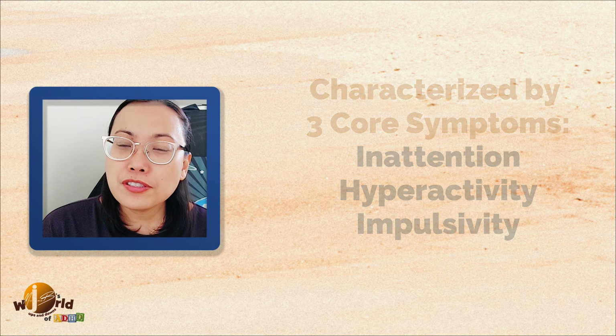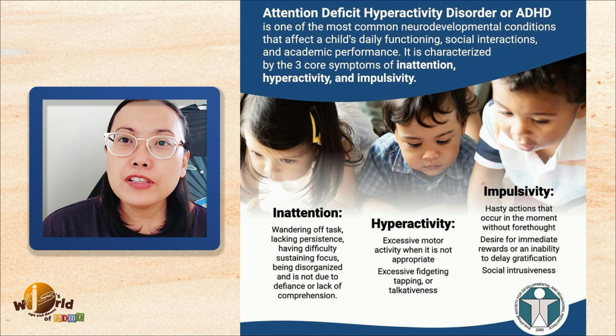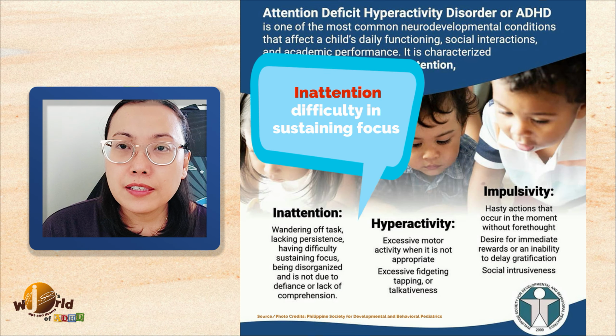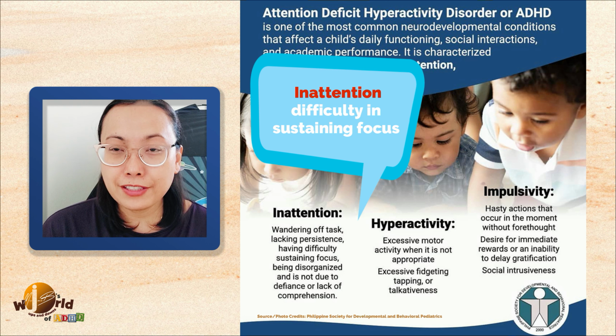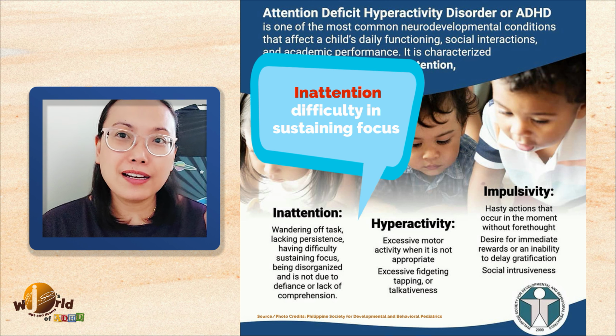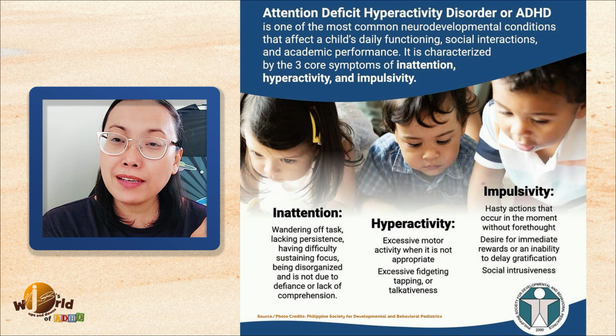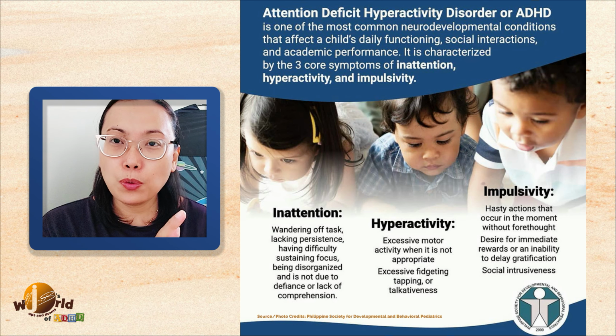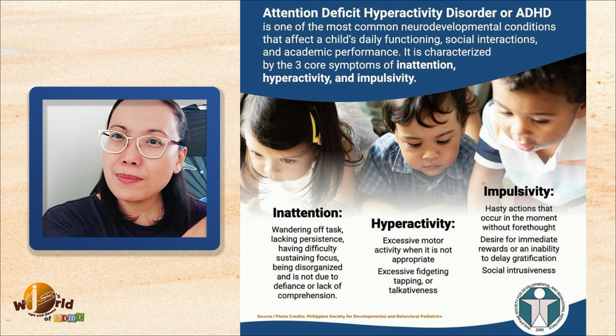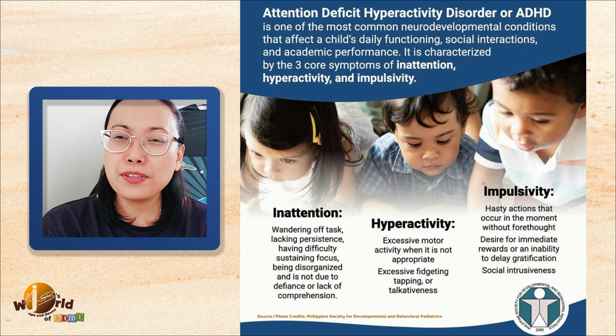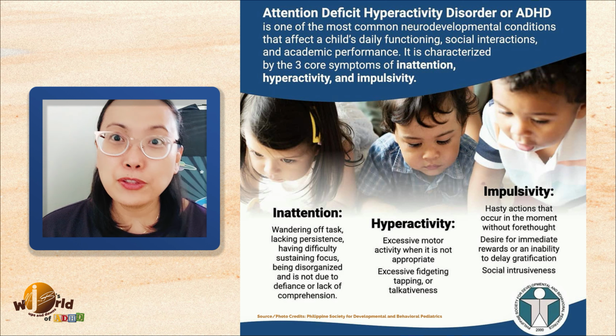So inattention is the difficulty in sustaining focus. And you can see this in children when you talk to them about one topic and they will jump, or they'll talk about something else. So this is easily seen when you talk to them.